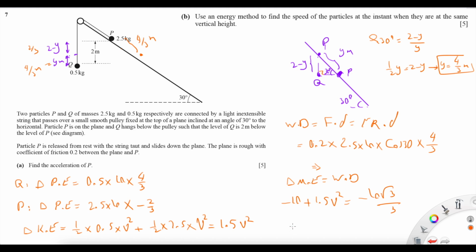Then solve this equation, so v will be equal to 1.68 meters per second as the speed of the particles.